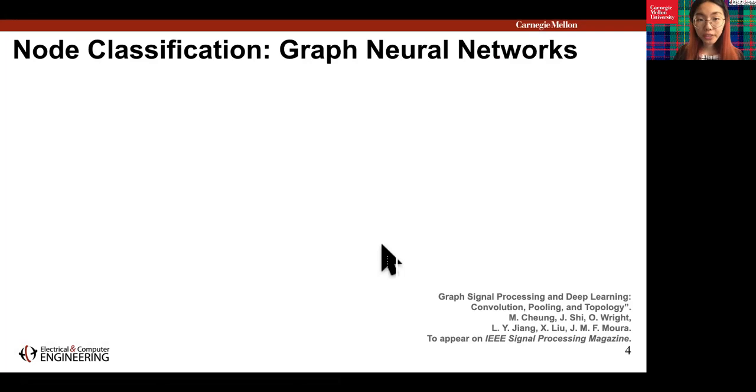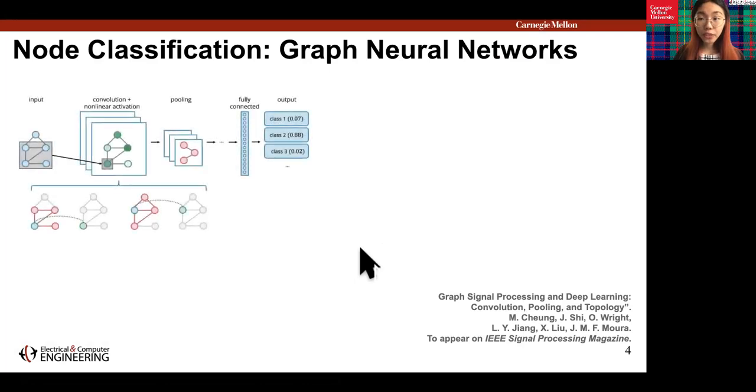Now, one way to solve the node classification problem is using a graph neural network. And in this presentation, I will focus on the variant called graph CNN. Here, you see the architecture of a graph CNN. We give it two pieces of information.